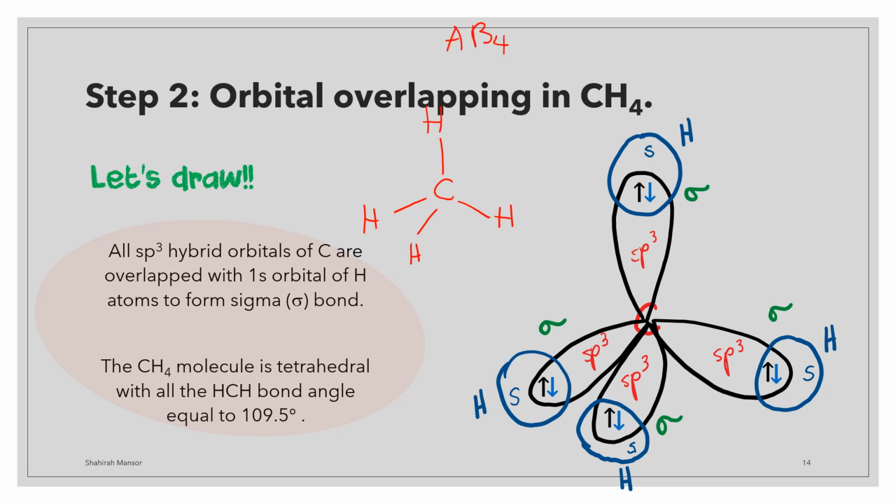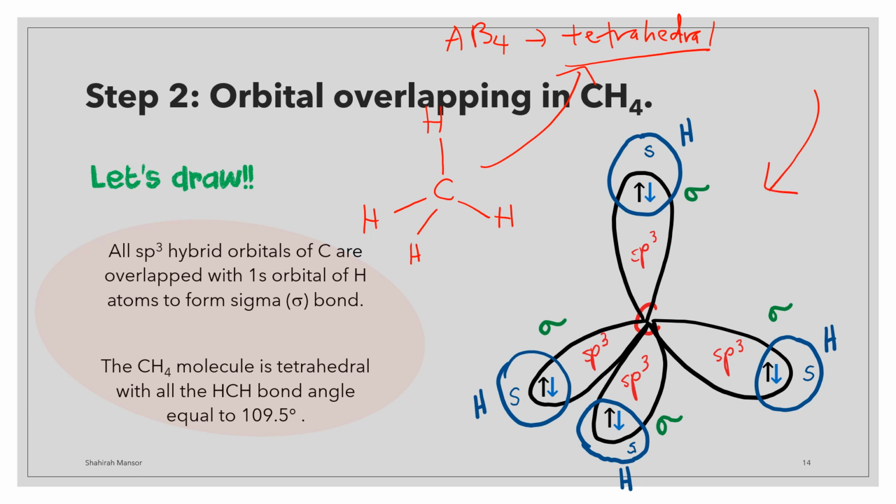Di mana AB4 ni merujuk kepada tetrahedral shape. So macam mana CH4 ini mempunyai tetrahedral shape? Jawapannya sebenarnya adalah dengan melalui this process hybridization.